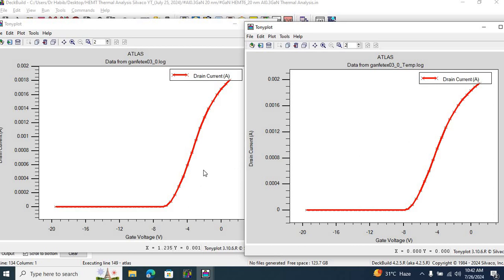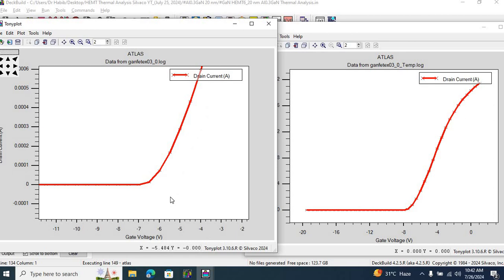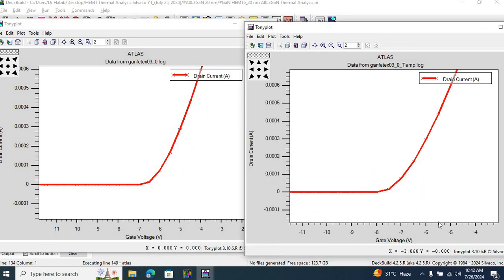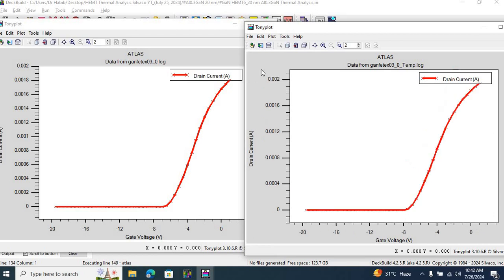So as you can see, without heating our threshold voltage is around minus 6 volts. And with heating, our threshold voltage has increased to, I would say, minus 7.5 volts. So that is a big increase. There is a big increase in the threshold gate voltage under heating.